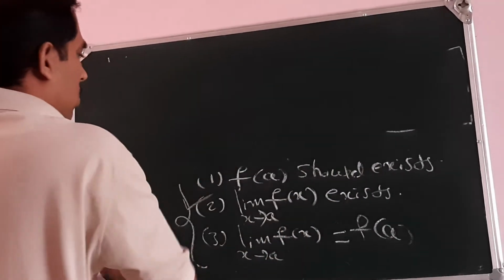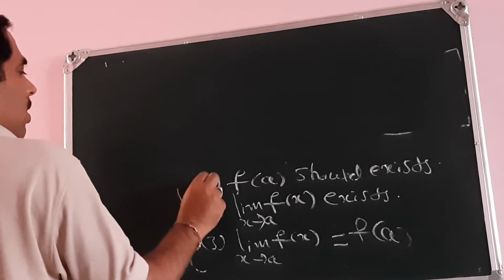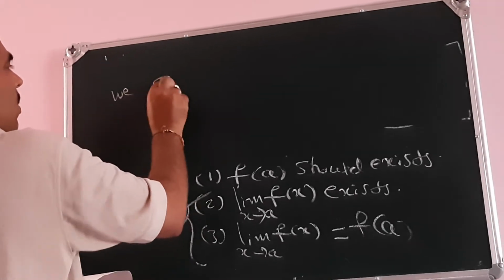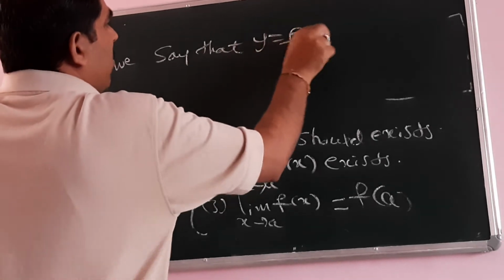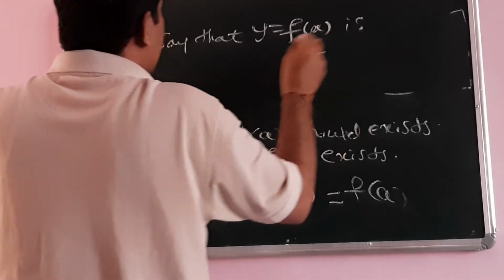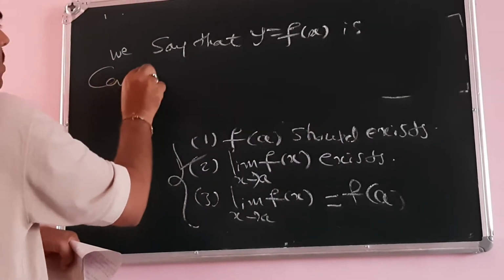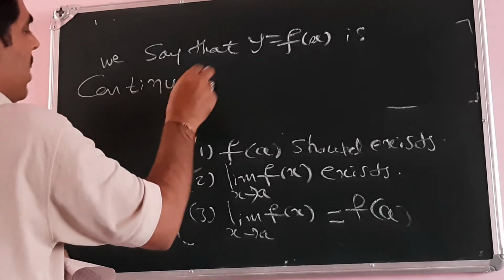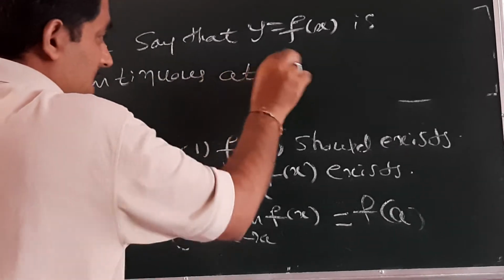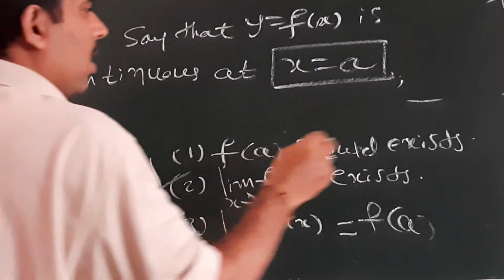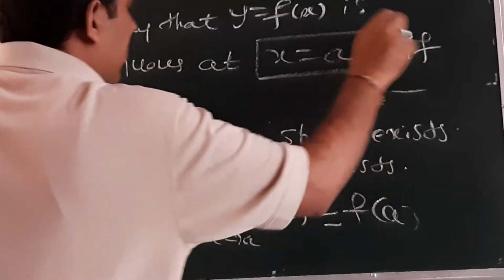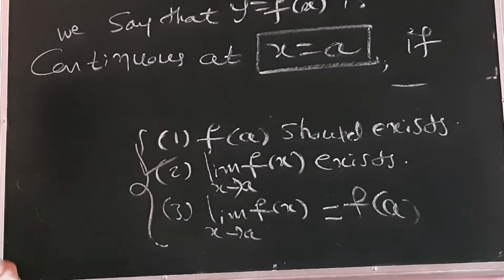Here we say that y is equal to f of x is continuous at a given point x is equal to a, a general point, if these three conditions are satisfied.